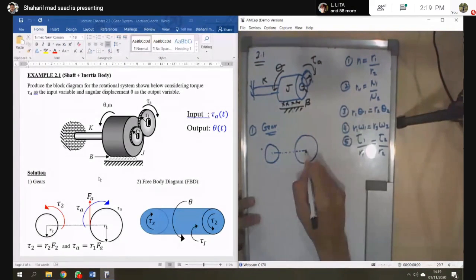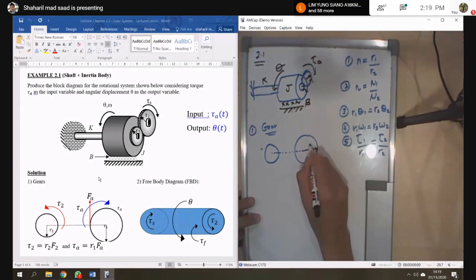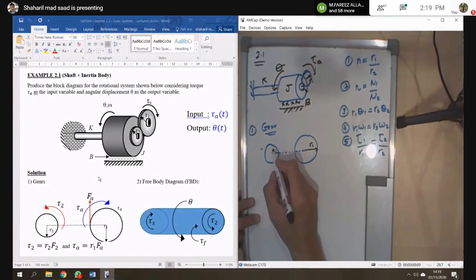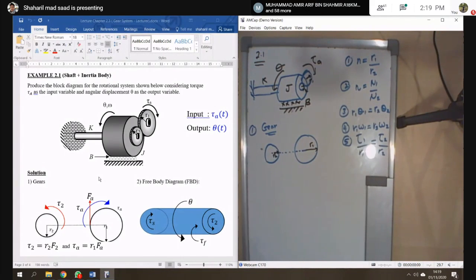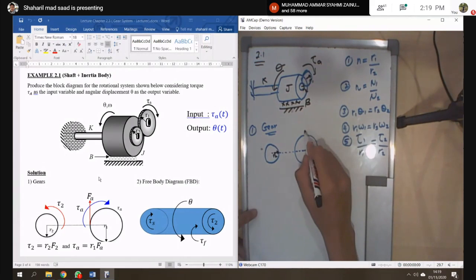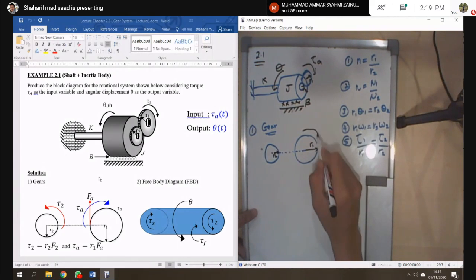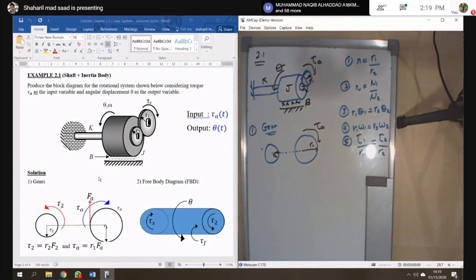So this gear, let's say I draw it like this. This is R1. Okay, R1. So this one is R1, and the second one is R2. Okay, now you have the top moved to here. This is TA. All right.